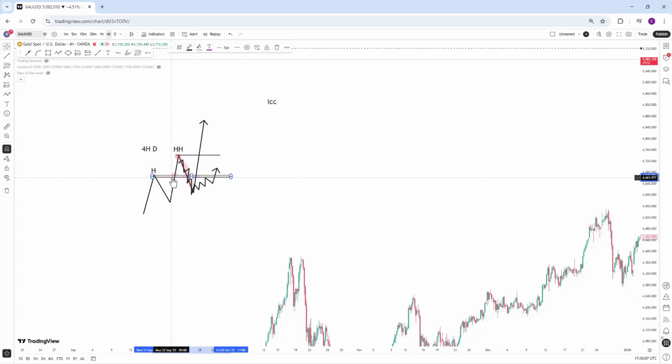So after price breaks above this level, it's looking to go to this previous high. So you get your entry from here. That's where you put your entry. Then you target the new high and your stop loss below the previous low that has been made.